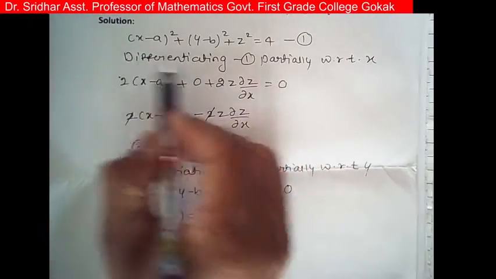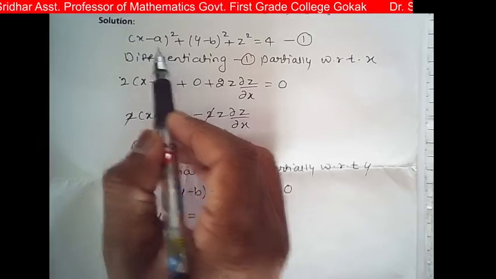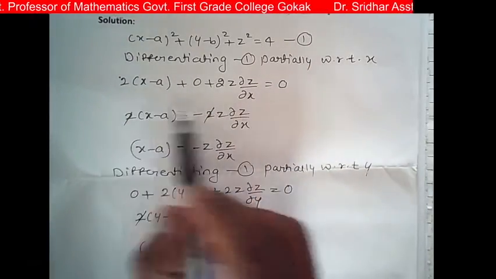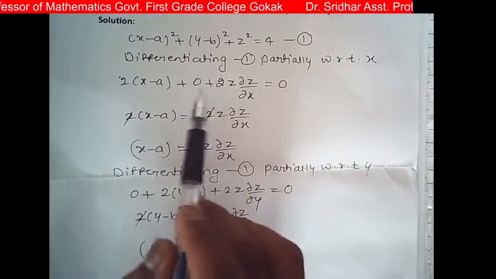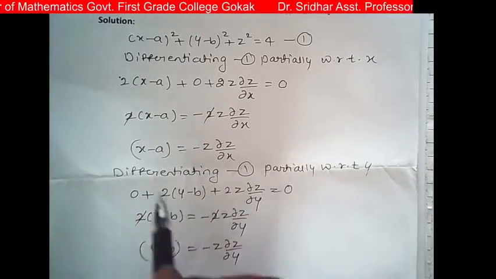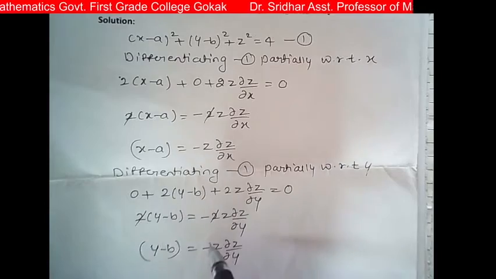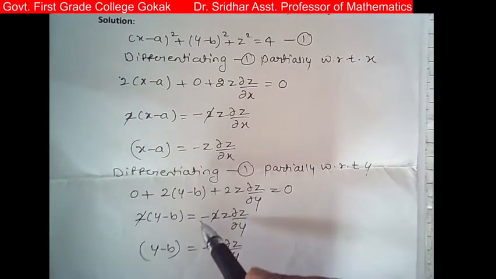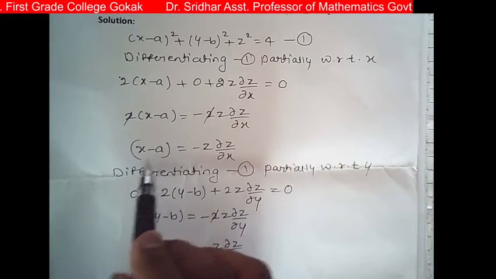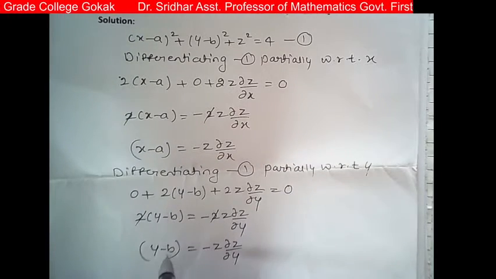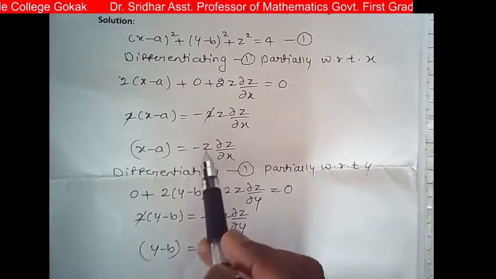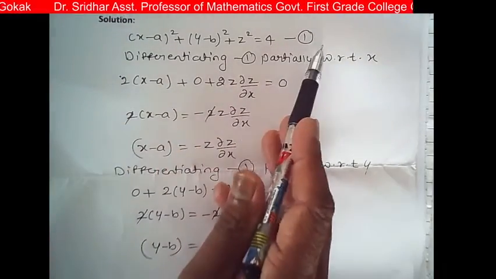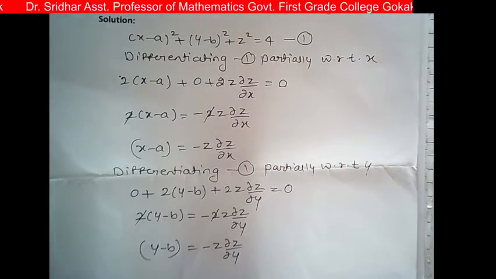Now in the given equation we have x minus a and y minus b. Suppose if you differentiate partially with respect to x and with respect to y, and from those two differentiations you obtain the values of x minus a and y minus b, then substitute those values of x minus a and y minus b in this equation 1. So that gives the required partial differential equation.